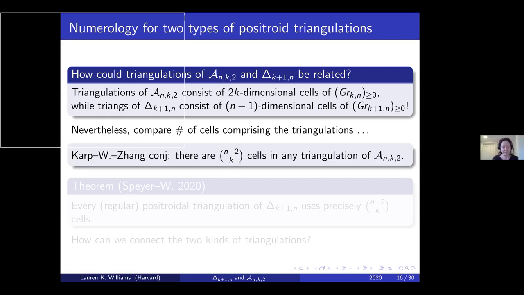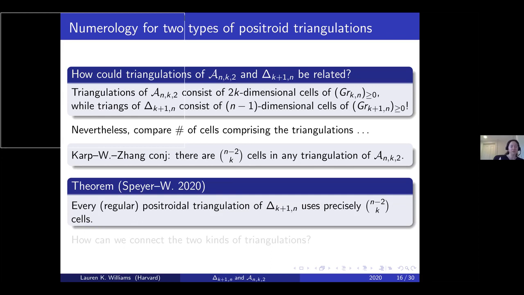According to this wild conjecture with Karp and Zhang, there are (n-2 choose k) cells in any triangulation of the amplituhedron, for m equals 2. And then, according to a recent result with David Speyer, positroid triangulations of the hypersimplex also use precisely (n-2 choose k) cells. And so one would like to concretely connect these two kinds of triangulations.